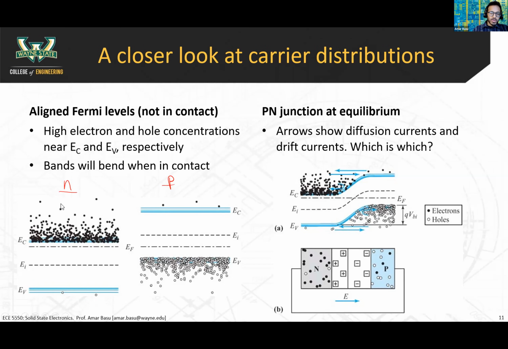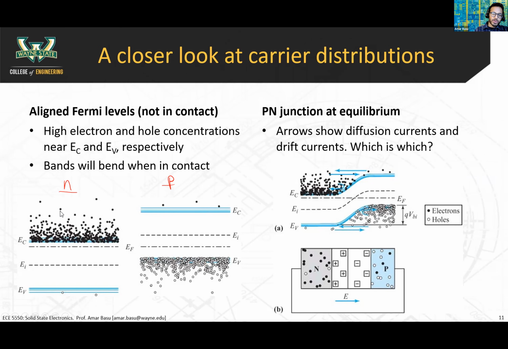The reason why this is nice is because this shows carrier distributions, not in that triangular fashion that I showed you earlier, but more like what the simulated carrier concentrations might look like. So you have your conduction band here, Fermi level right below it. You see there are a lot of electrons, represented by the black dots, very close to the conduction band.